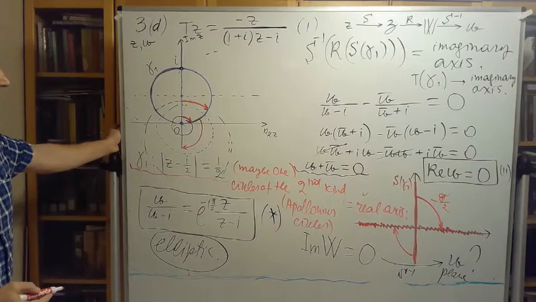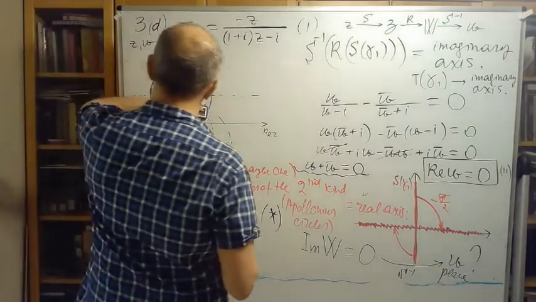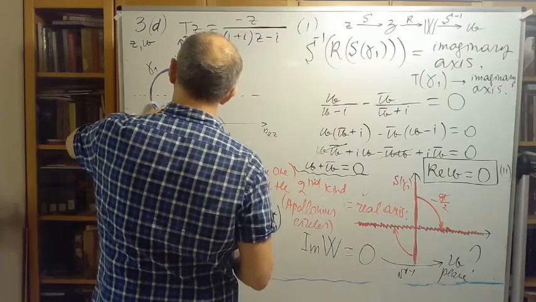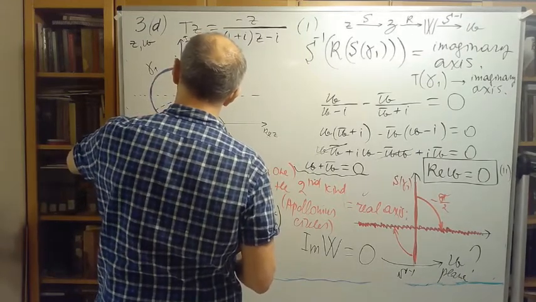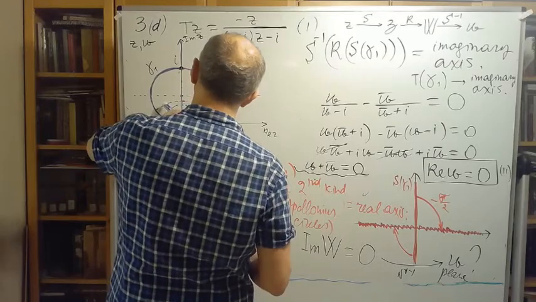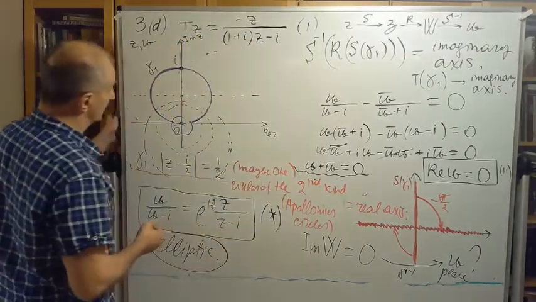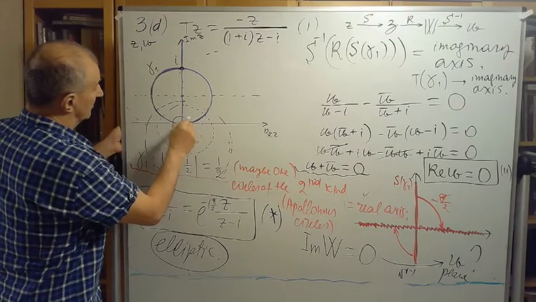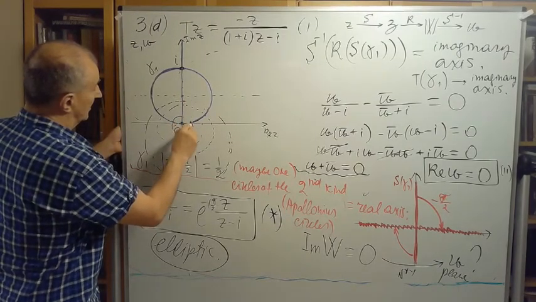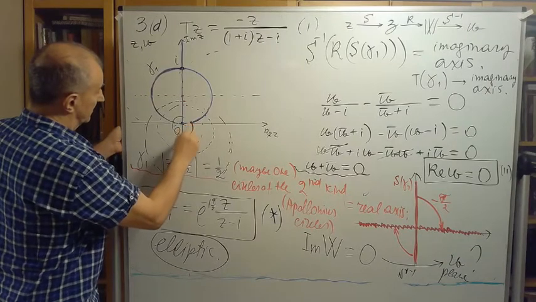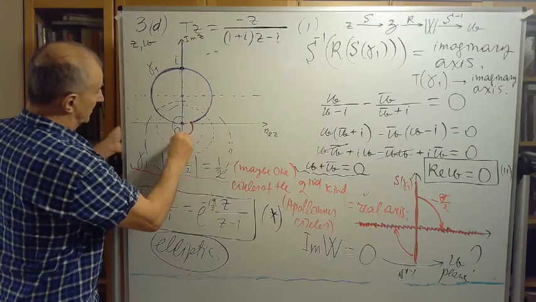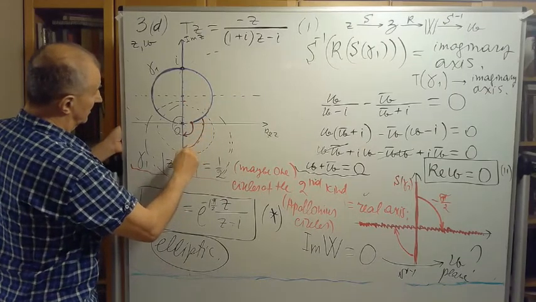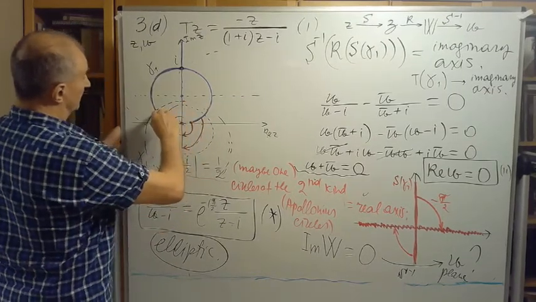Actually, yeah, our circle gamma moves into the imaginary axis, so it must go like this, right? And this is right as well, and this will be right.